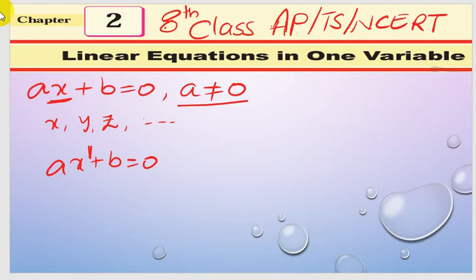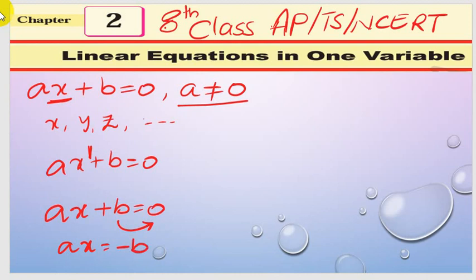A linear equation in one variable will have a unique solution. If you want to find the solution of ax plus b is equal to 0, what are we going to do? We need to transpose this b, then what do I get? ax is equal to minus b.